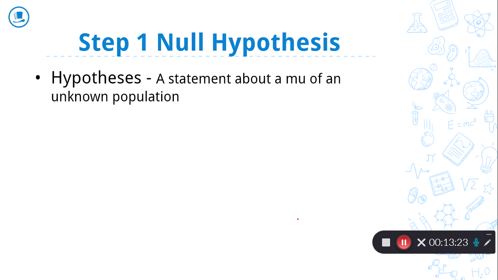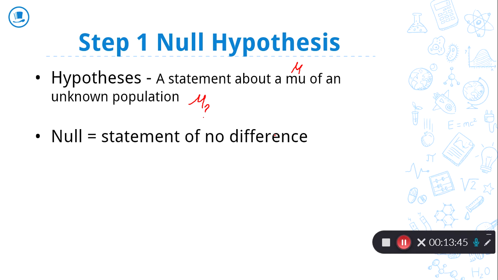Any hypothesis that we're going to talk about is a statement about a mu, the population mean of an unknown population. So we're really going to be forming hypotheses about what earlier on the previous slide was mu question mark.